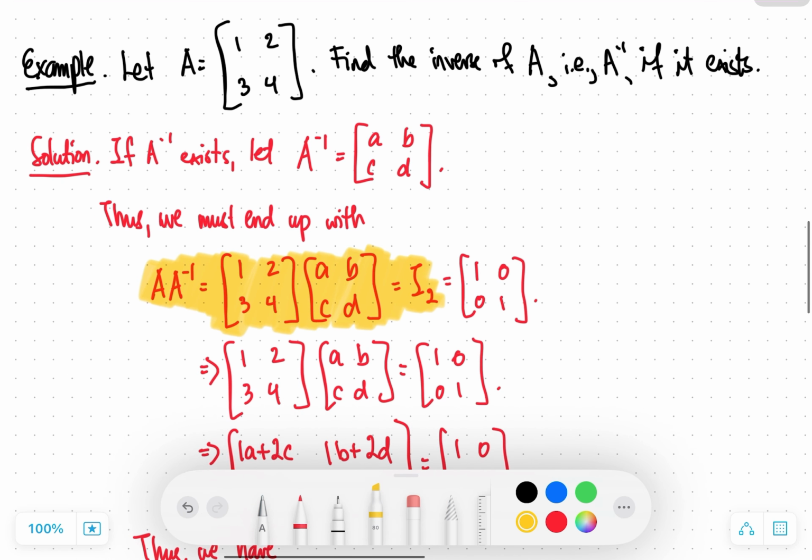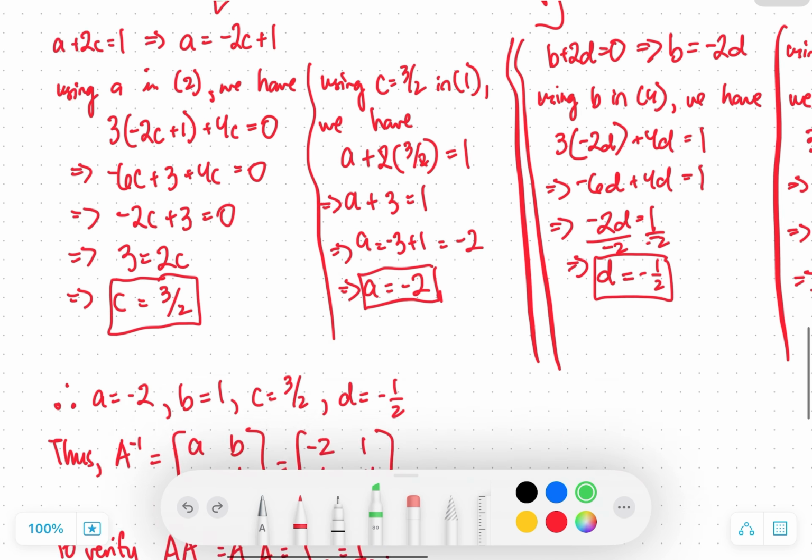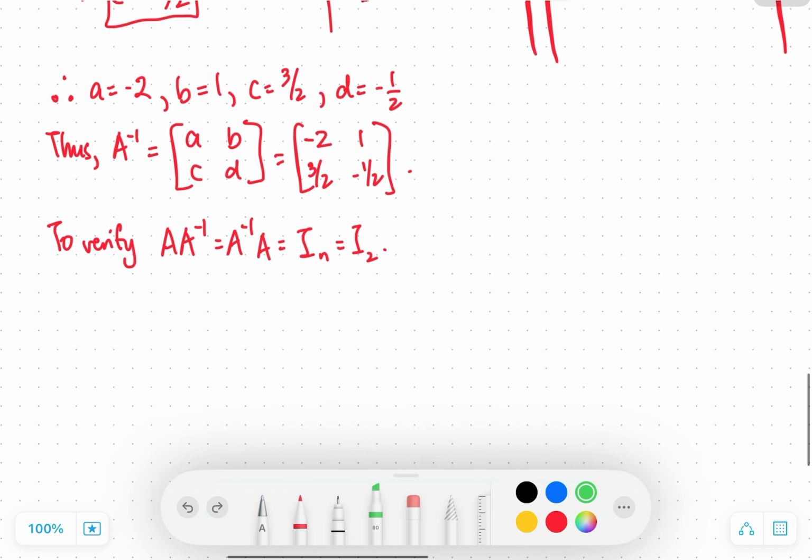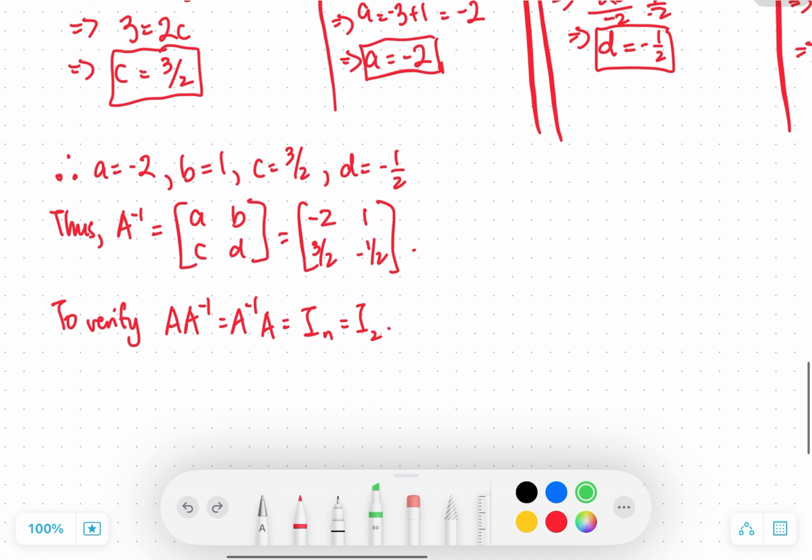So A times A inverse is equal to I sub 2. Of course, if we input the values of a, b, c, d here, it should definitely equal I sub 2, because that's where we got them in the first place. So I won't verify that here. If you want to verify, that will be your assignment.